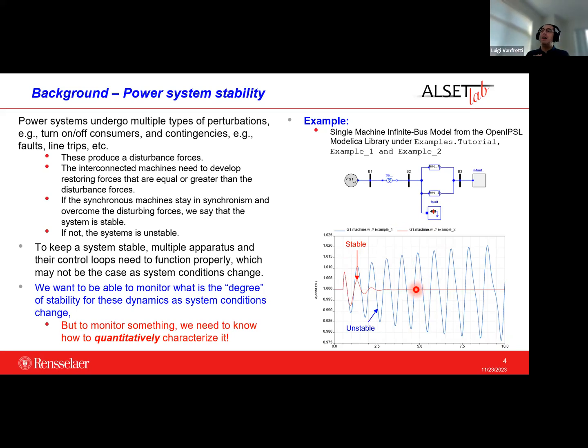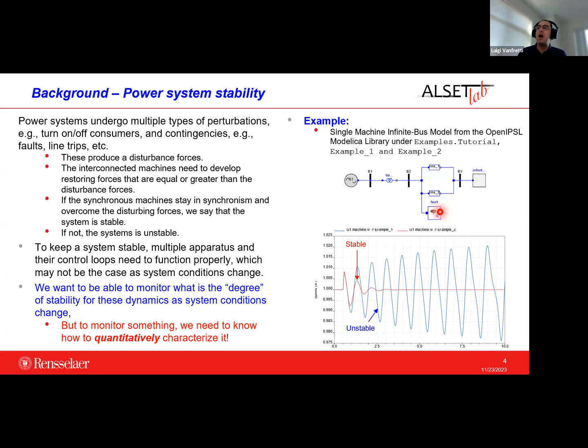The difference between them is that in one of them, I have added a controller that is well tuned to dampen this response when you have a large disturbance applied to the system. So that's one example. What is the difficulty with this approach of doing simulation is that you don't know how stable or unstable the system is just by looking at the time series.